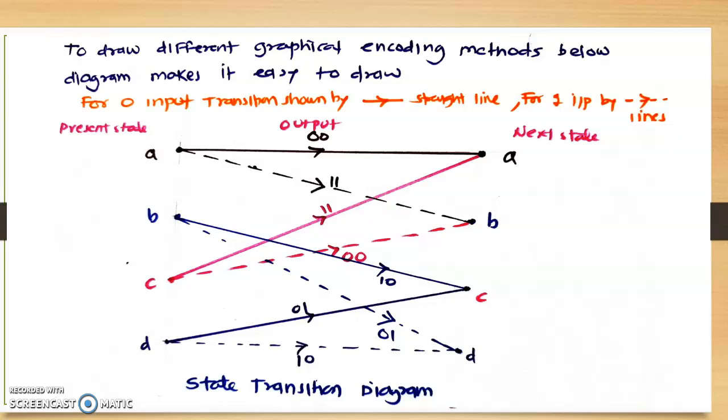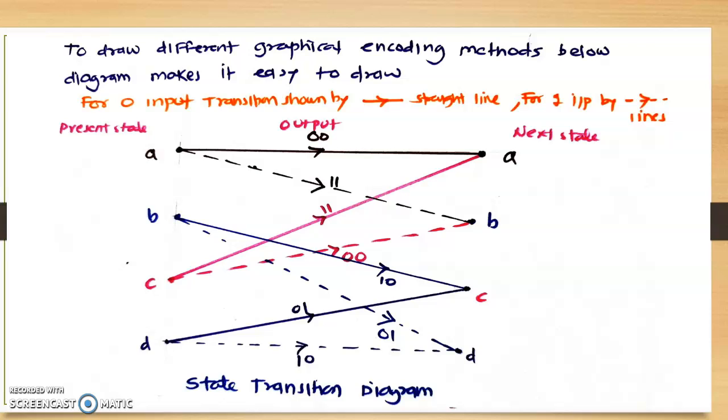One important thing we have to remember is that in the state transition diagram, if my input has a 0 bit, I will show that by a straight line, and if my input is equal to 1, I will show that transition by dotted lines. The same thing we will use in my state table and in my trellis table also.